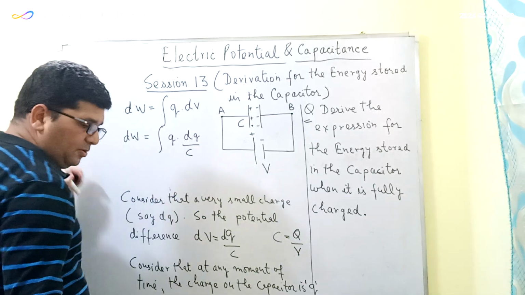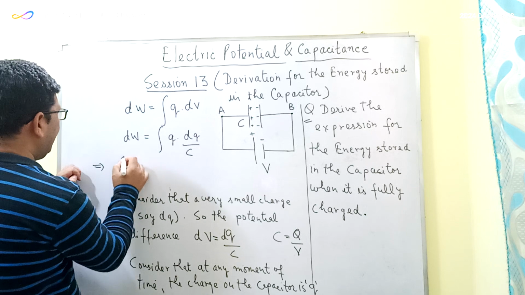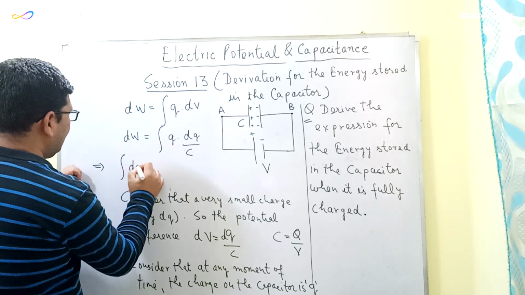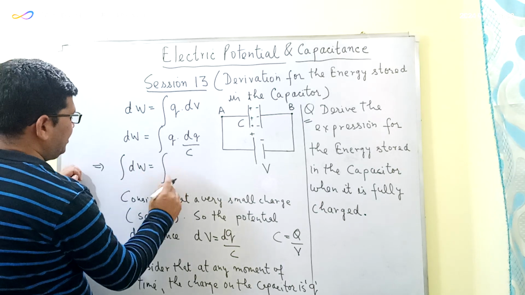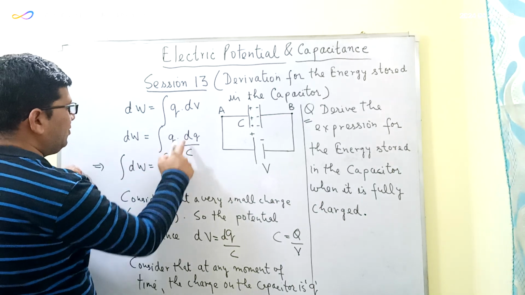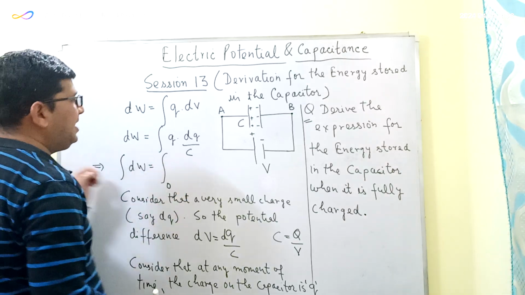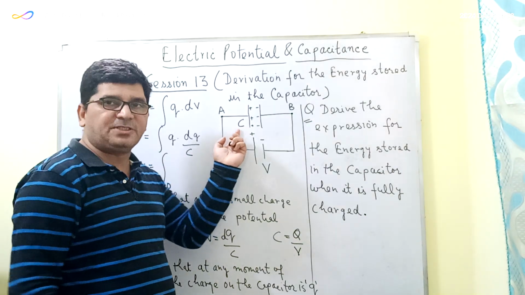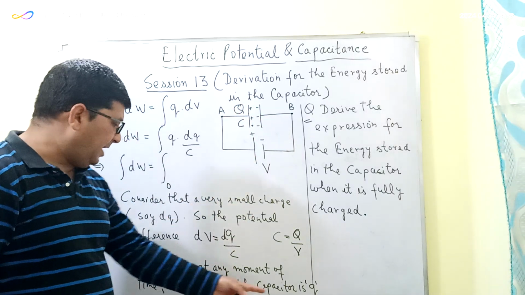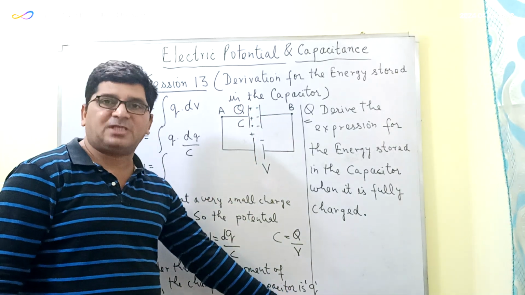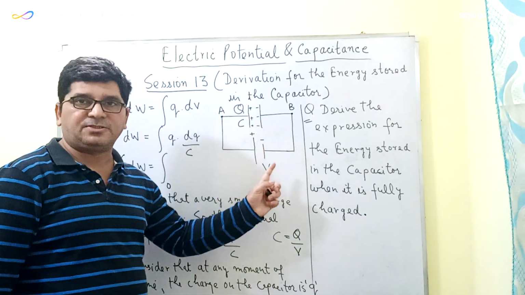In order to find the total work done, we will simply integrate this equation: the integration of dW is equal to the integration of Q dq upon C. Here the limits will be from 0 to capital Q, the charge on this capacitor when it is fully charged, while small q is the charge at any moment of time before it is fully charged.